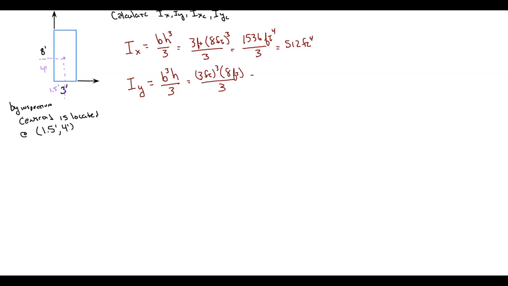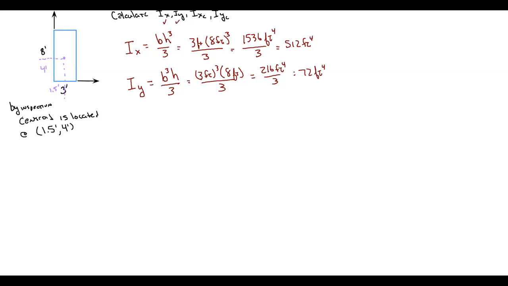That's equal to 216 feet to the 4th divided by 3. And I'm going to use the calculator for that one. That equals 72. Okay. So the moment of inertia in the y direction is equal to 72 feet to the 4th power. Put a check mark because we got both of those.